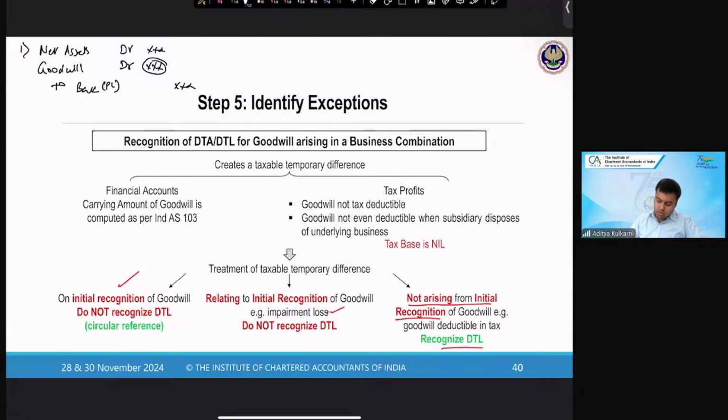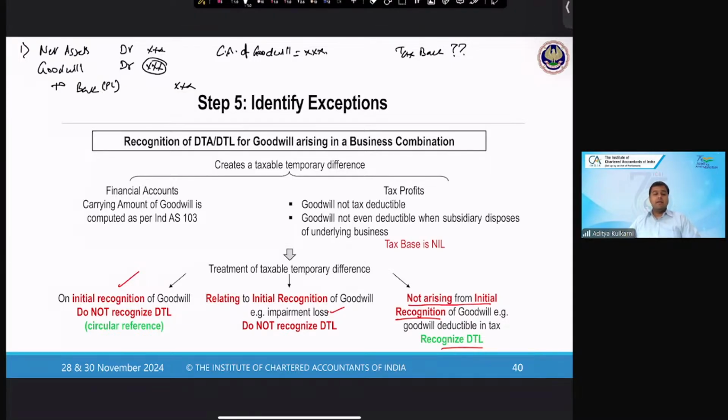Now, the carrying amount of goodwill is some figure. Okay, there is some goodwill that comes on consolidation. What about tax base? Can anybody tell me what is the tax base of goodwill in a business combination?